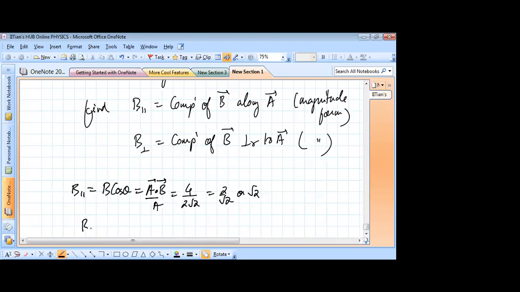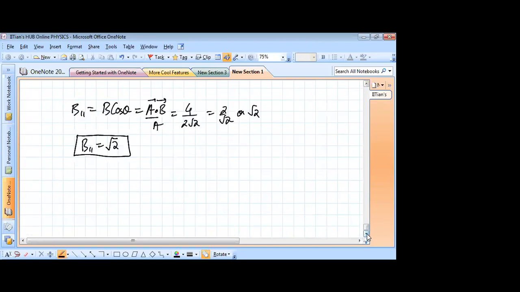So the parallel component of B is root 2, whereas the perpendicular component is the square root of B square minus B parallel square. Now the magnitude of B you would have seen is root 3, okay?